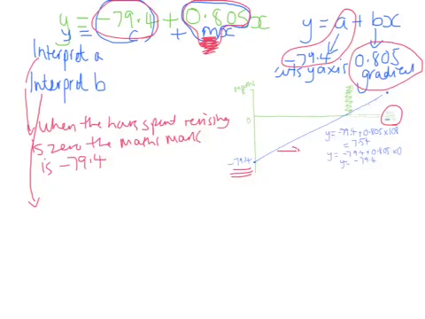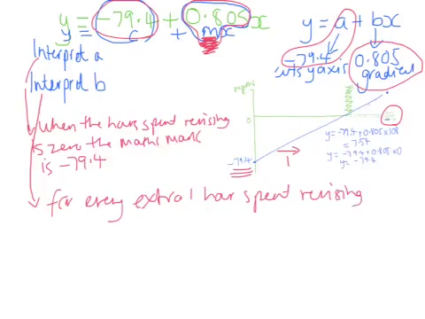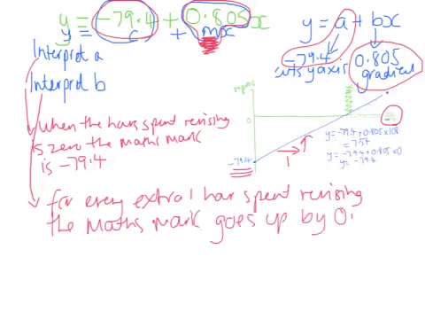For every extra 1 I go across, so for every extra 1 hour spent revising, the maths mark, I was about to say English then, the maths mark goes up by 0.805. So that here is 0.805 up. You're basically saying for every one I go across, how many up do I go?